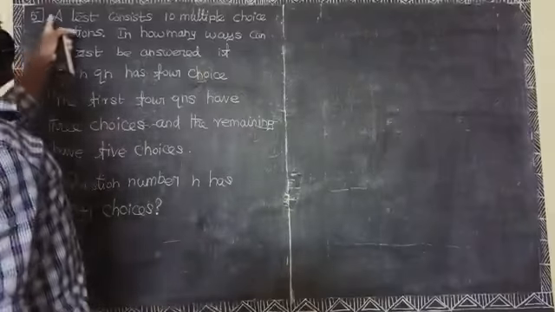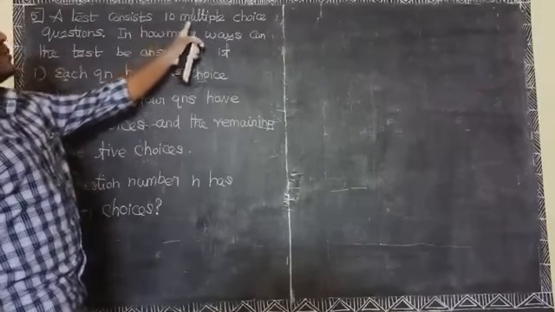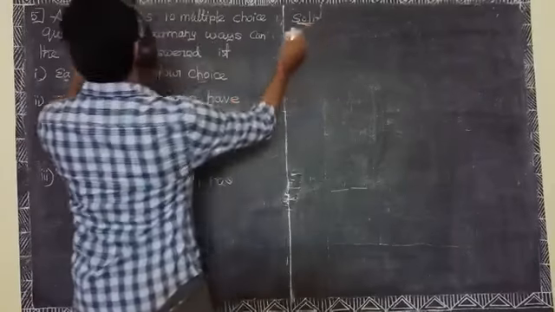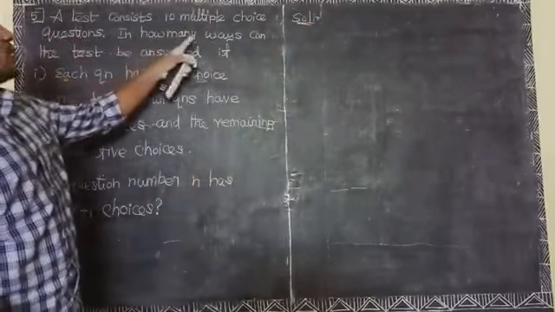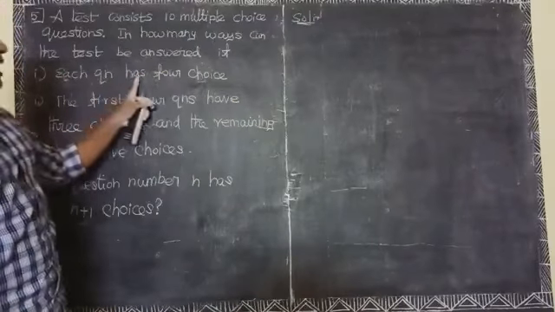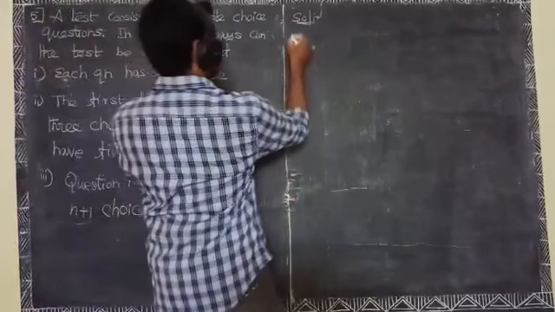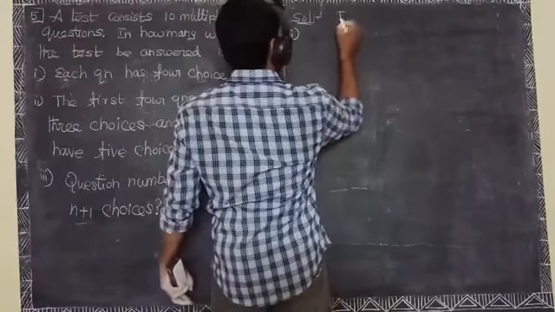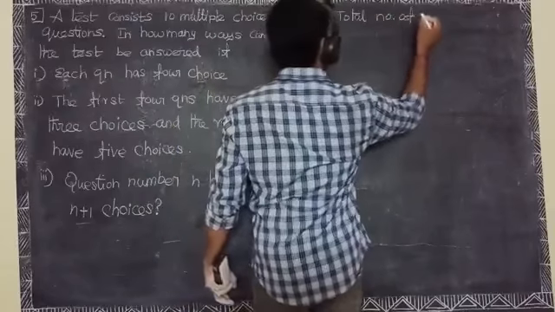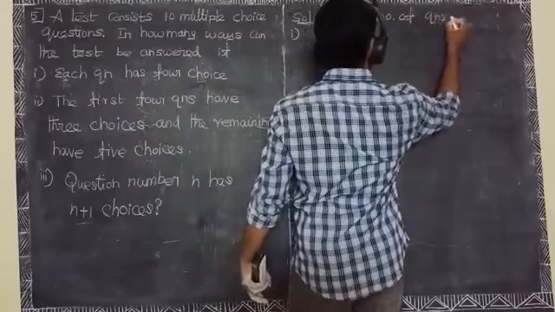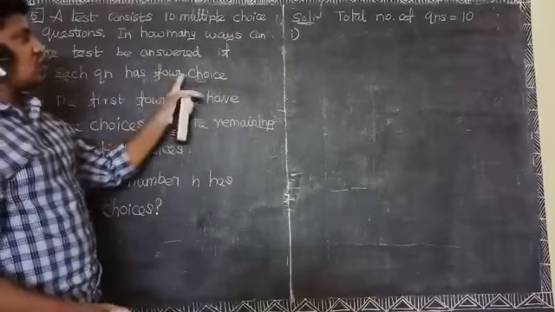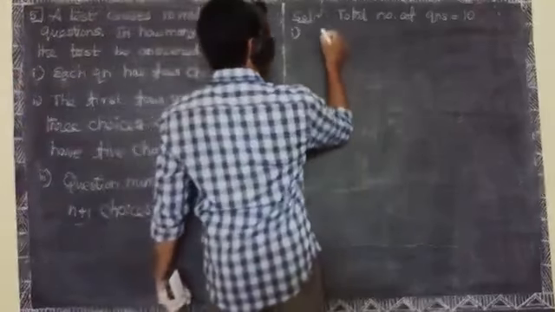Next, question number 5. A test consists of 10 multiple choice questions. In how many ways can the test be answered? The first subdivision: each question has 4 choices. The total number of questions is 10.